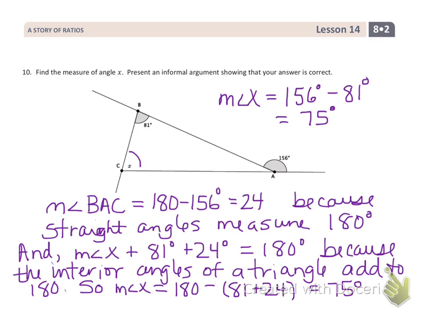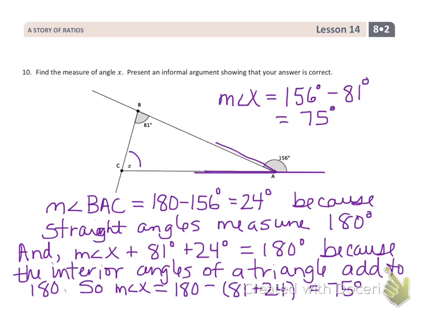Okay, so we'll talk through the informal argument for number 10. The measure of angle BAC, right here, this angle, is 24 degrees because it's going to be 180 minus the 156. And so that's 24 degrees because straight angles measure 180. So here's our straight angle there.